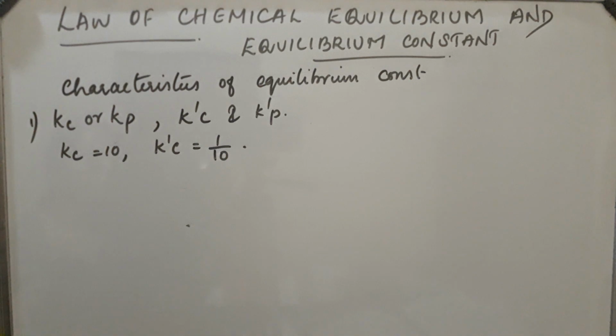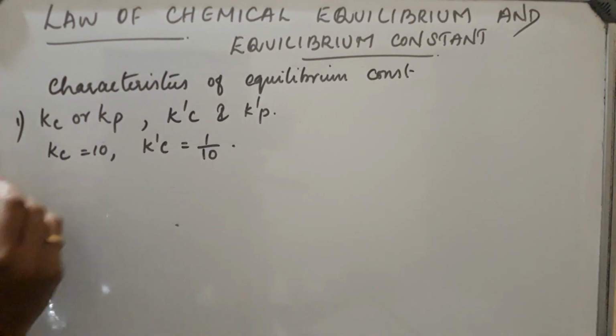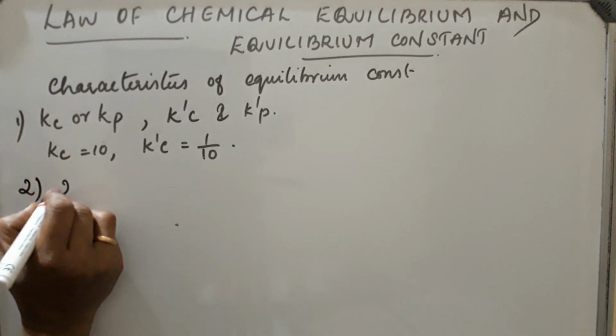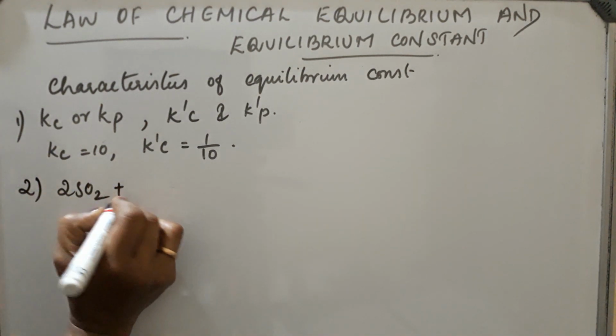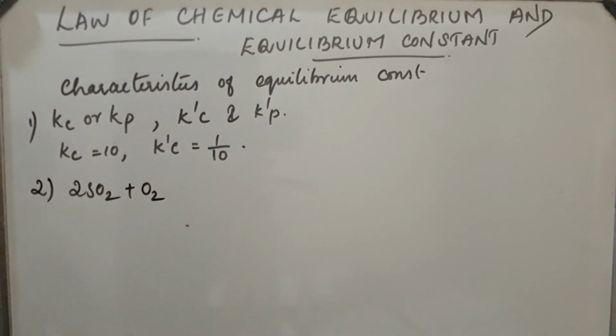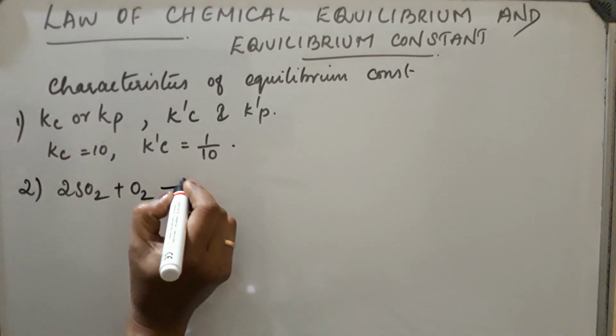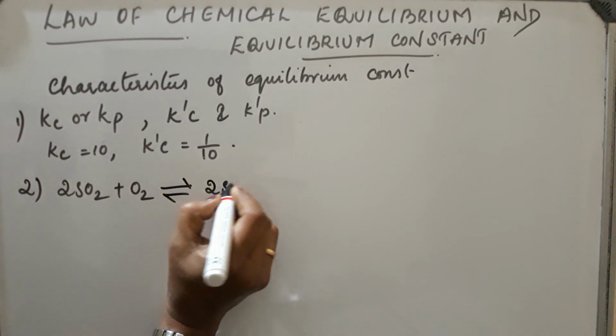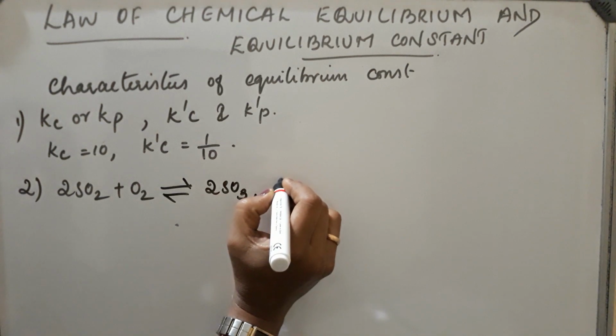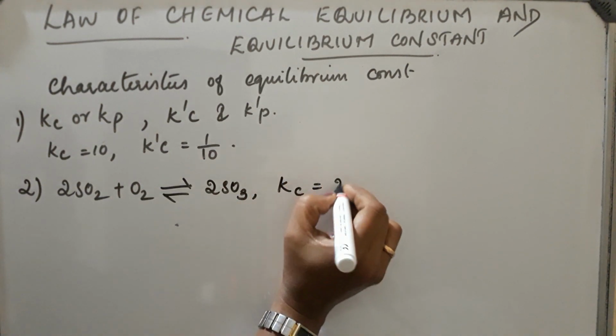Next, second point. If we consider the equation 2SO2 plus O2 gives 2SO3, and the equilibrium constant is 25.